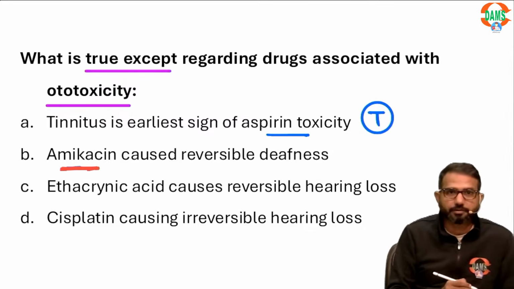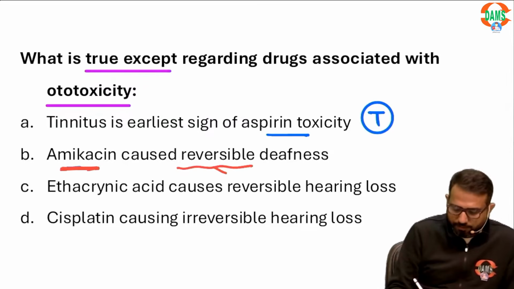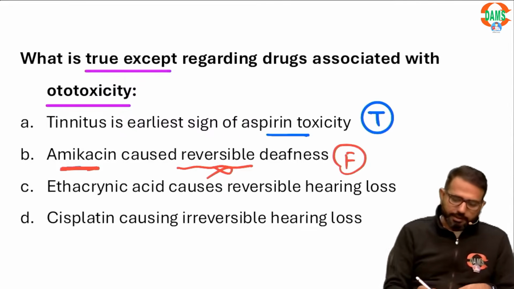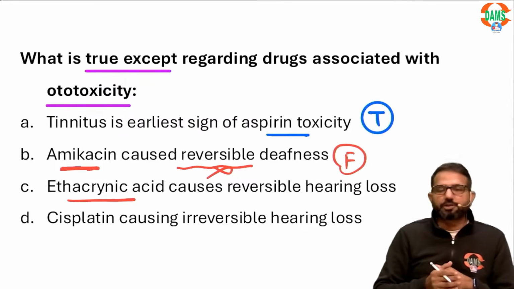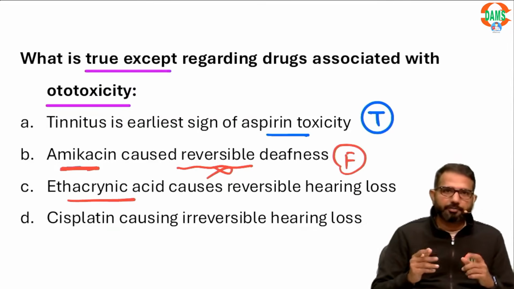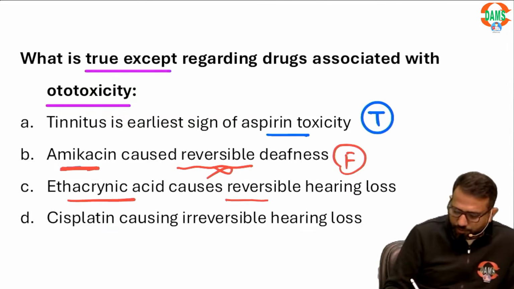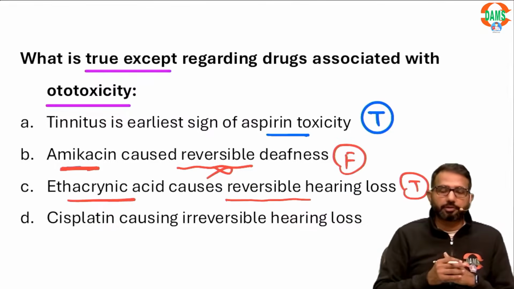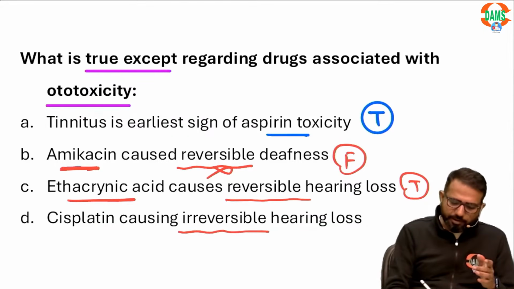Amikacin, kanamycin, they do not cause reversible loss. They cause irreversible hearing loss. Ethacrynic acid is one of the loop diuretics. And loop diuretics mainly cause reversible hearing loss. It is very rare that they cause irreversible hearing loss. Cisplatin causes irreversible hearing loss.